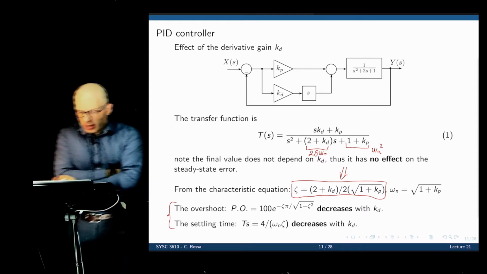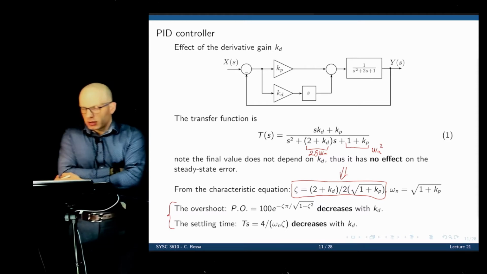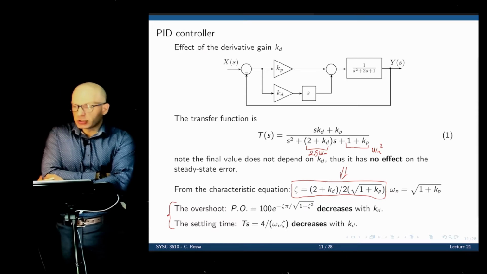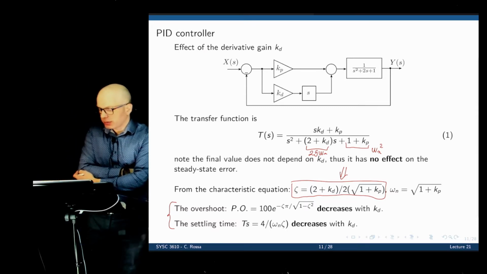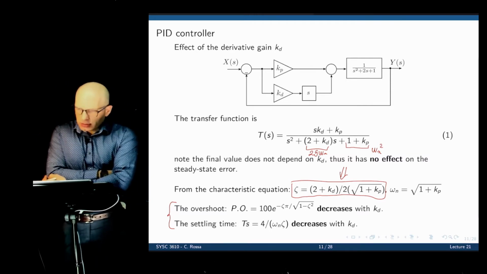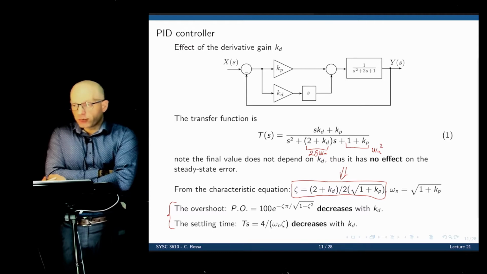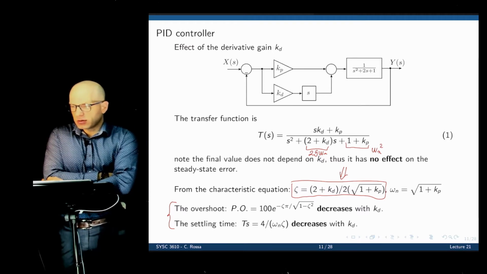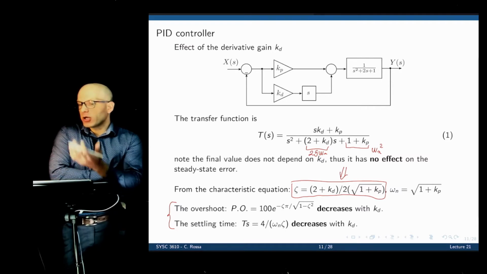So for an overdamped, let's say, mostly for underdamped systems, the greater Kd, the faster we reach steady state. Now for an overdamped system, it's a bit different because the system is already overdamped.